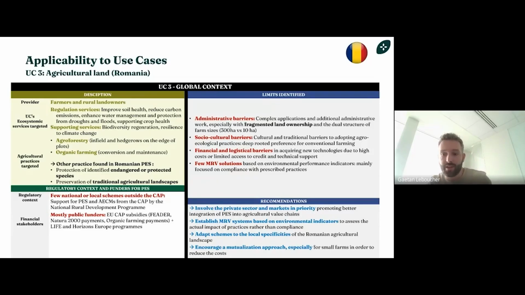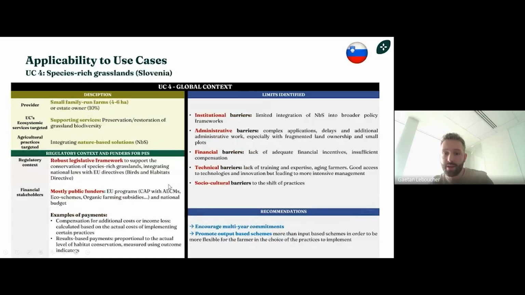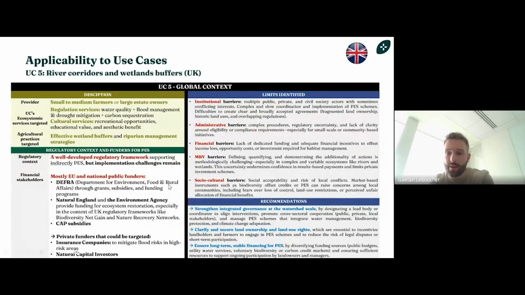So in each context, we would have to adapt schemes to enable every kind of farm to embark. In use case number 5, sorry. So here we have a well-developed regulatory framework for the UK, supporting PES indirectly.